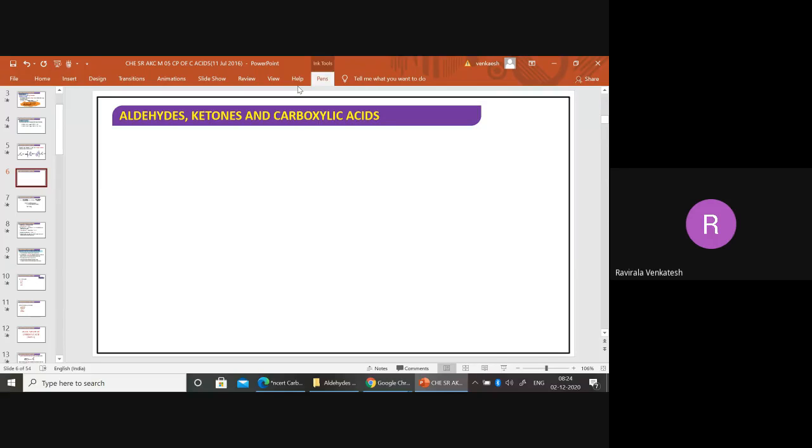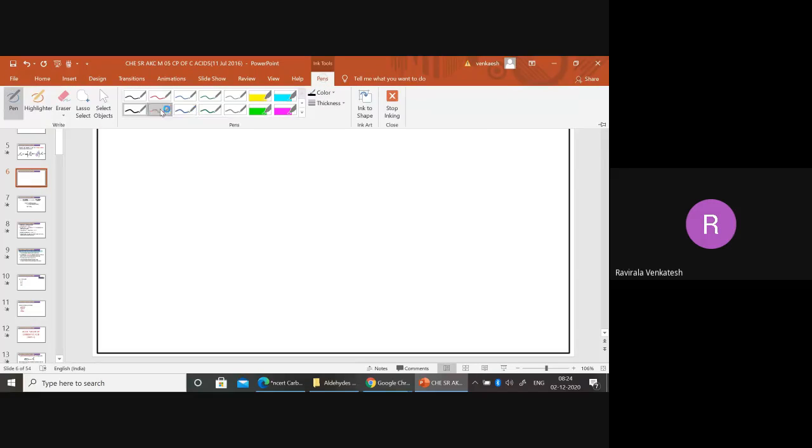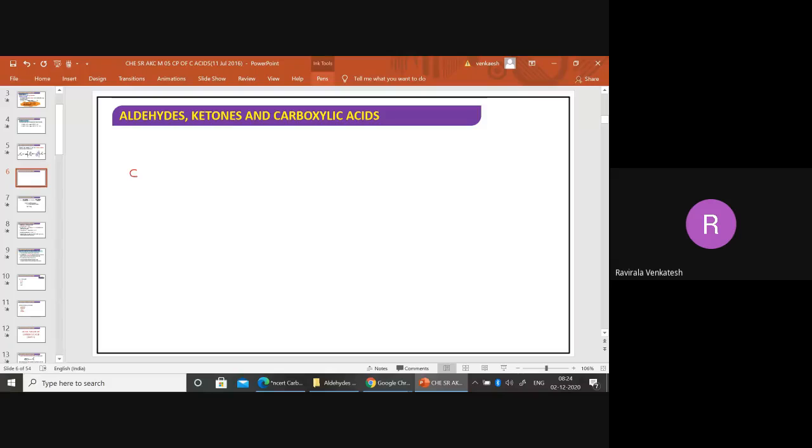Next, if you observe here, I am writing this hydrogen bonding like this: CH3 C double bond O OH.